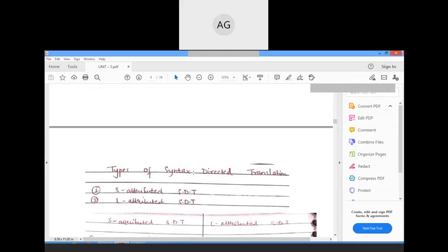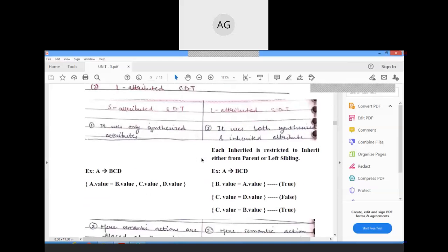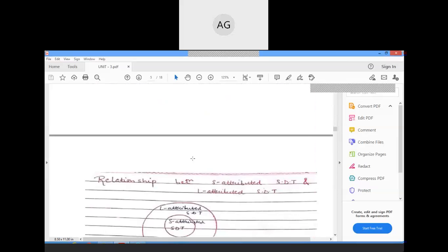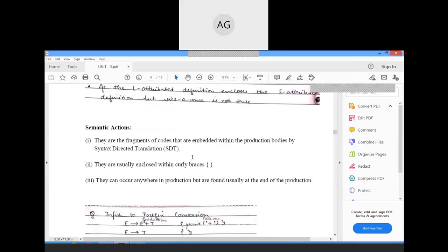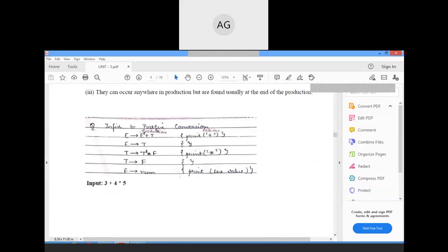Then we studied the differences between S-attributed syntax directed translation and L-attributed syntax directed translation. We also studied semantic actions and discussed a question based on them, like the conversion of infix to postfix expression.